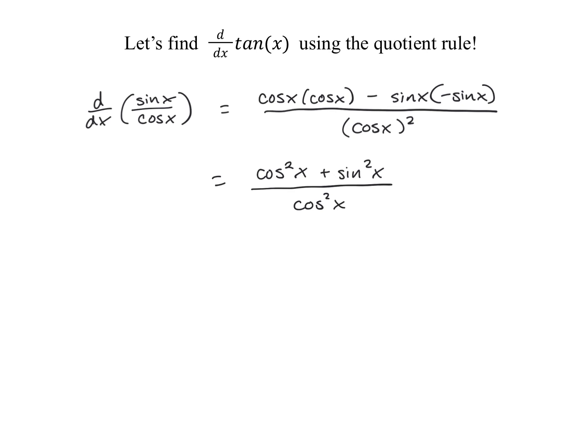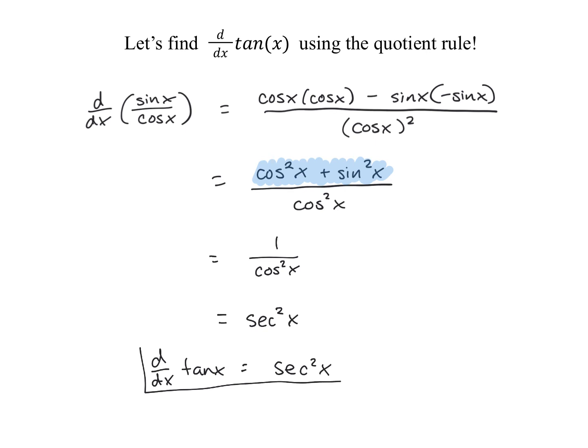Hopefully we remember this is one of our Pythagorean identities: sine squared plus cosine squared is equal to 1. So this is 1 over cosine squared of x, and 1 over cosine squared would just be secant squared. So the derivative of tangent of x is equal to secant squared of x.